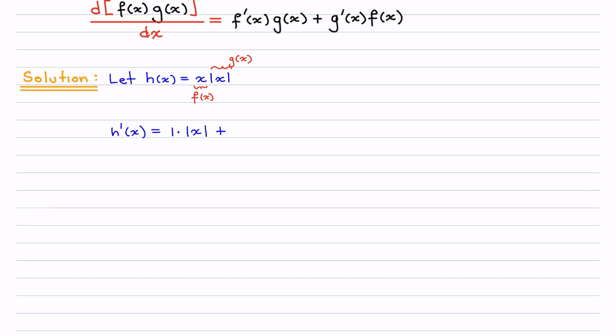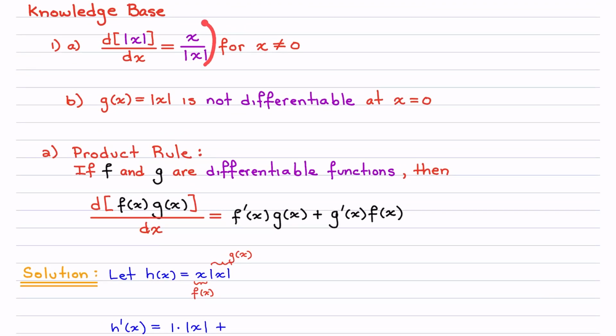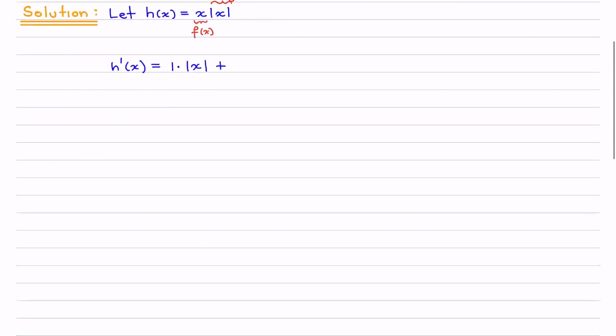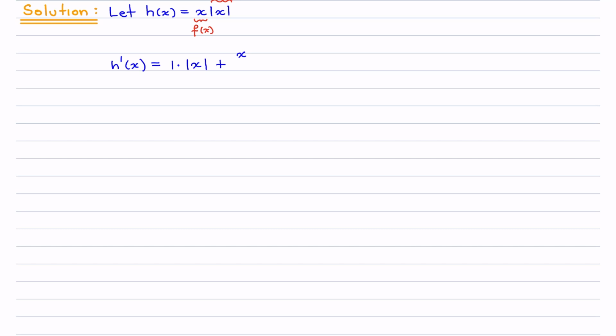Now that's where we need our knowledge base. So I'm going to use the fact that I know that the derivative of the absolute value function is x over the absolute value of x for x non-zero, and then again times the first function.